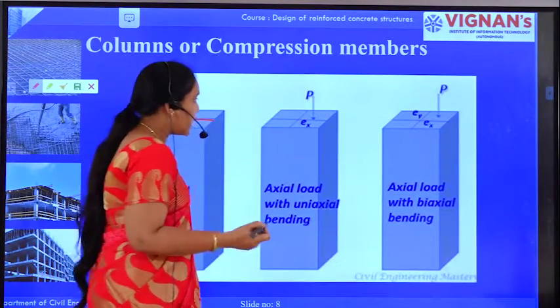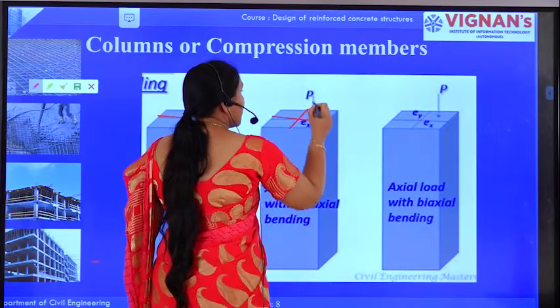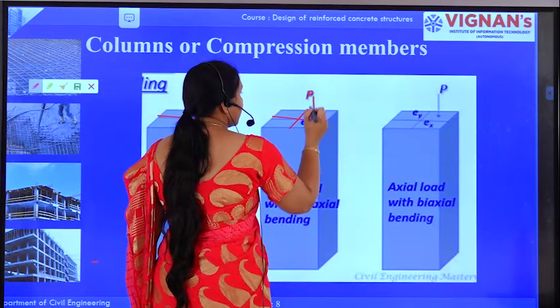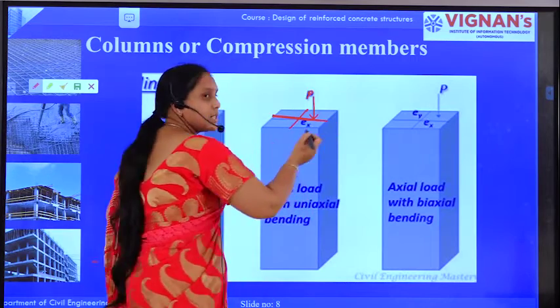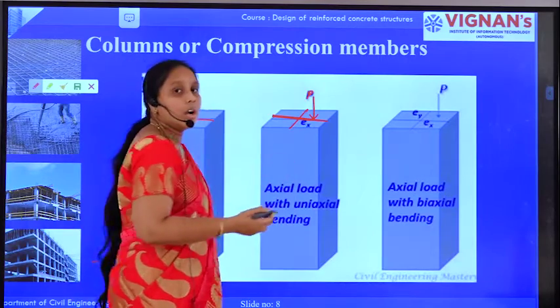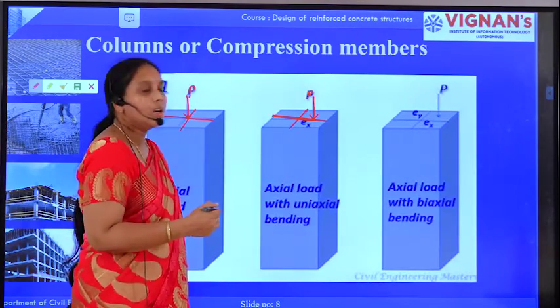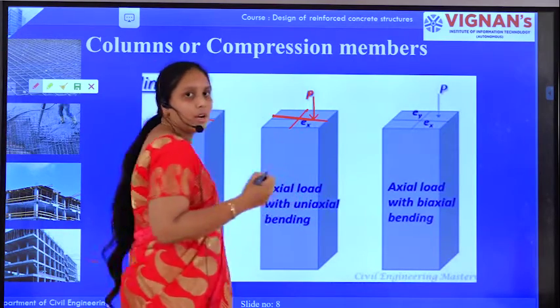Eccentrically loaded in the sense that, if you see, this is the centroidal axis, but this load P is acting at some distance. It is acting on this axis only, but at some distance. Such types of columns are called eccentrically loaded columns.